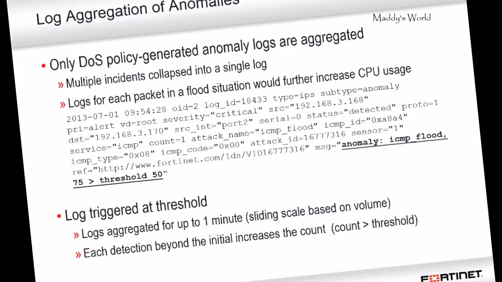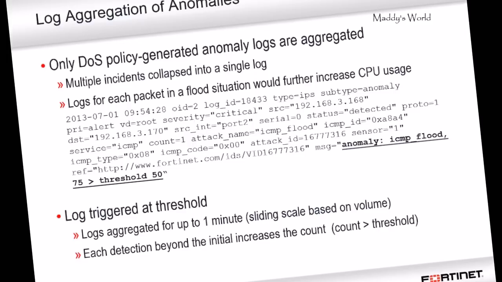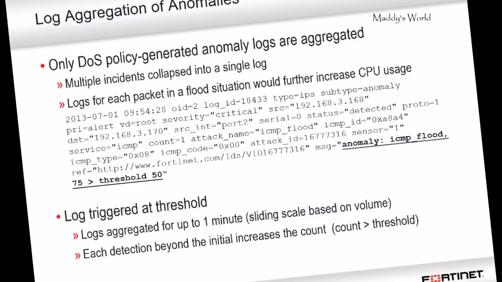IPS sensors are not the only way that IPS can generate logs, however. When denial of service policies generate logs, they are aggregated. When several incidents occur together, this reduces the number of log messages. In large attacks, the number of incidents can easily reach 100,000 in a few seconds. Generating a log entry for every packet that matches would completely utilize the CPU.